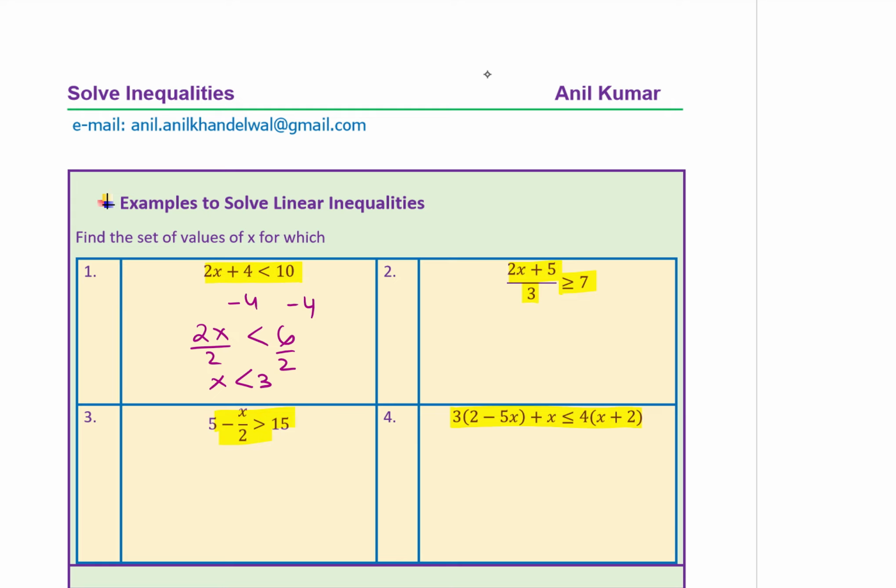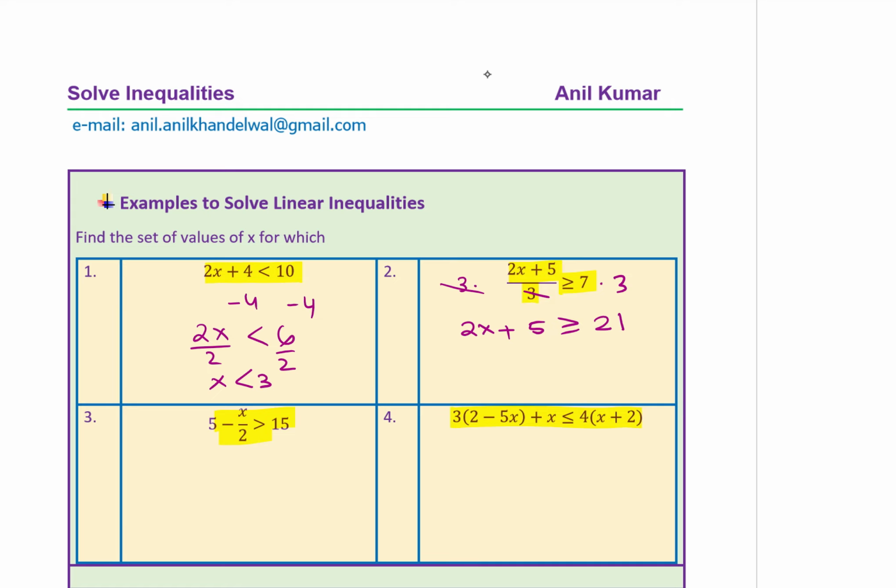Now in this particular case, (2x plus 5) over 3 greater than or equal to 7, what should we do? Perfect. We could multiply on both the sides by 3. So this 3 will cancel. We are left with 2x plus 5 is greater than or equal to 21. So copy the same sign which is being used in the inequality.